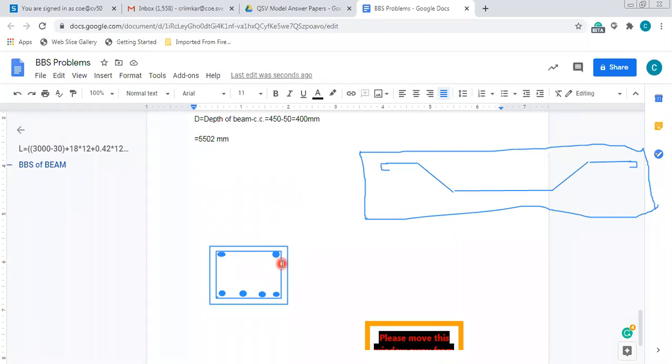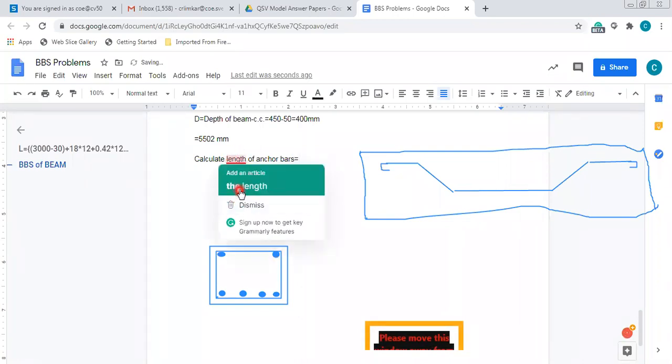So our next step is to calculate the length of the anchor bars. What is the formula to calculate the length of the anchor bar?